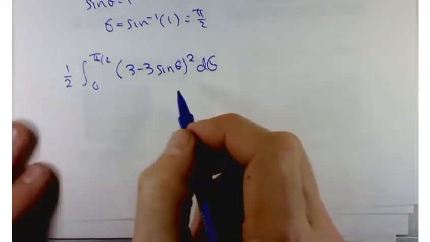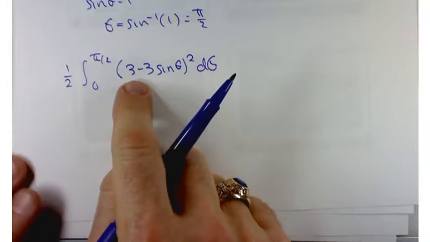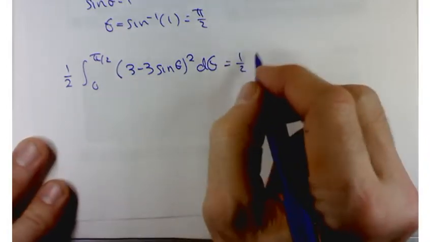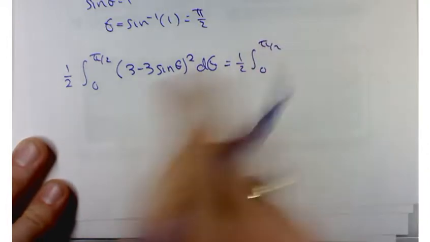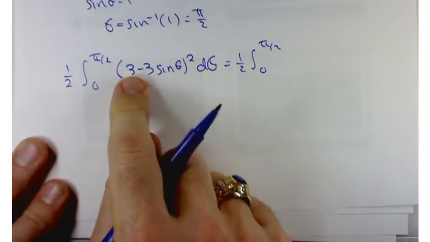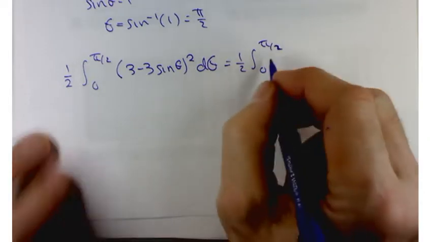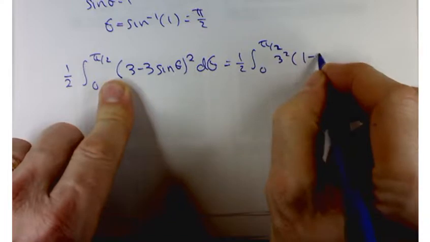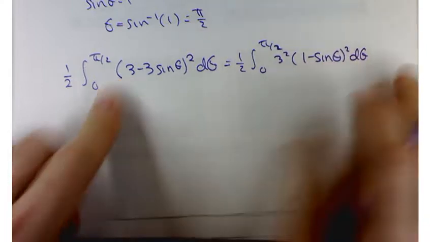All right, if I factor out the 3, yeah, you have to FOIL it. Please do not give me 9 minus 9 sine squared of theta. Please don't do that. All right. I'm going to factor out the 3, so it's going to be 3 squared times 1 minus sine of theta squared d theta.